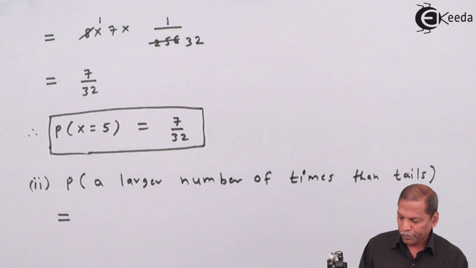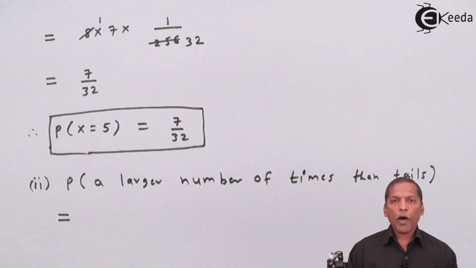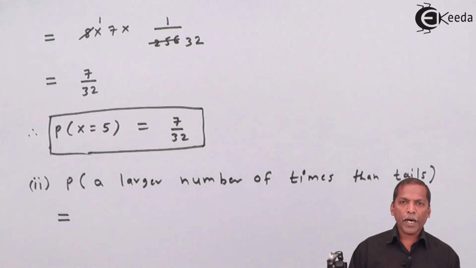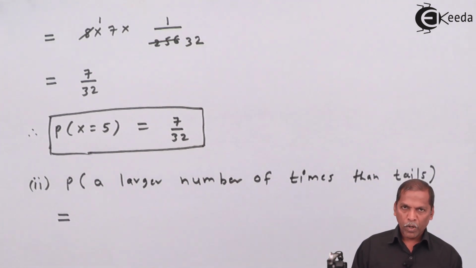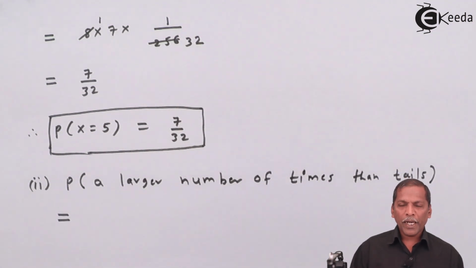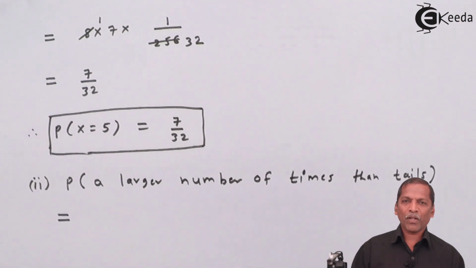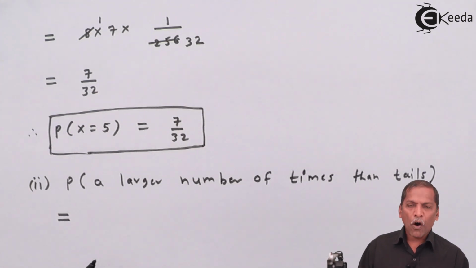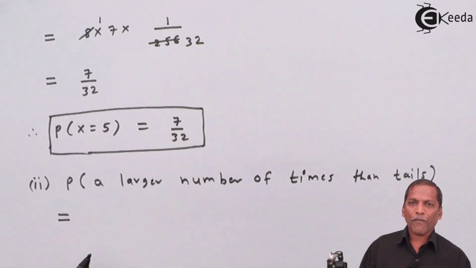Now here the coin is tossed 8 times. So exactly half means we get 4 heads and 4 tails. That is 50-50%. Now the question is, we have to find the probability in the case where the number of heads must be greater than the number of tails. It means the value of X should be either 5 or greater than 5.